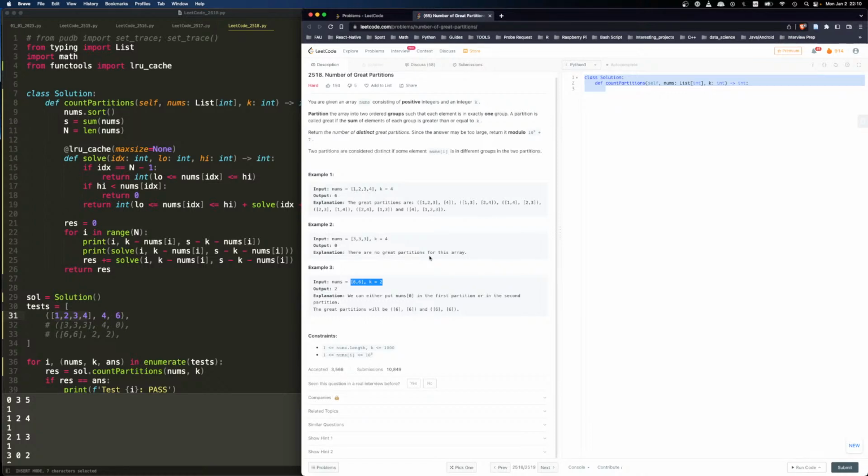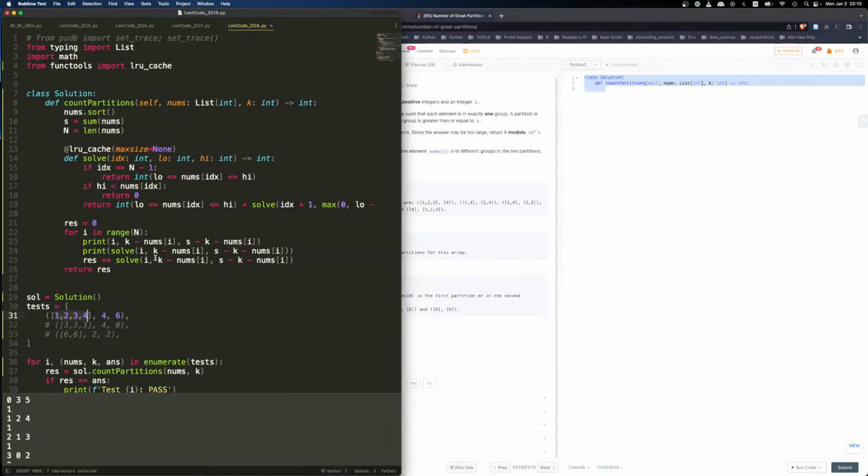So on one side it should be at most 6. This is not right. It shall be K2, no, it shall be total sum minus K.